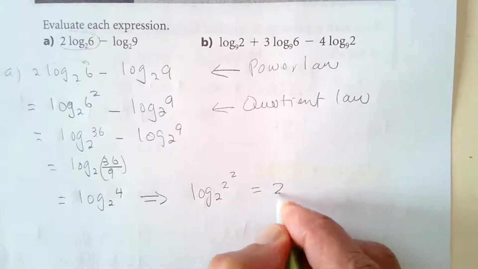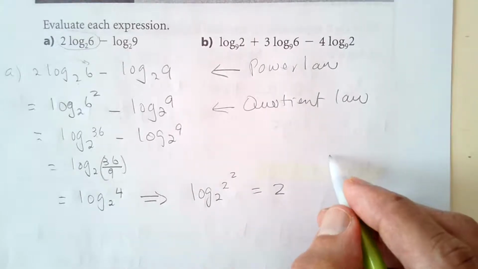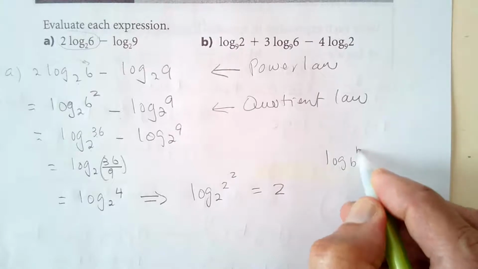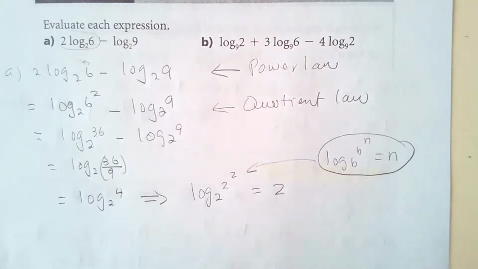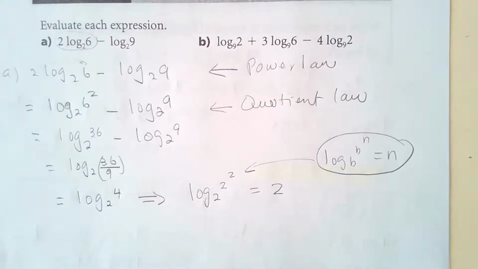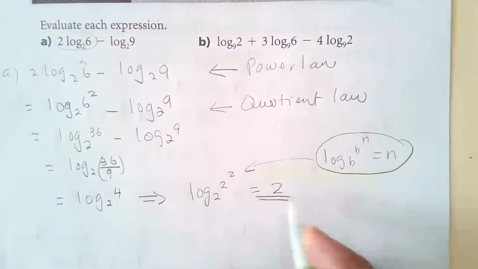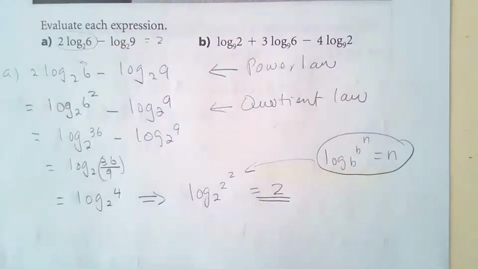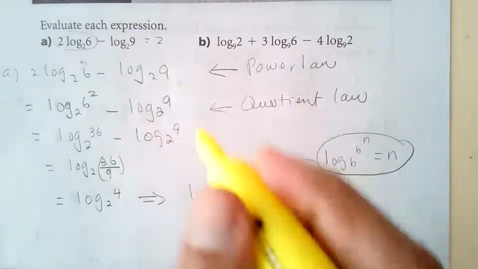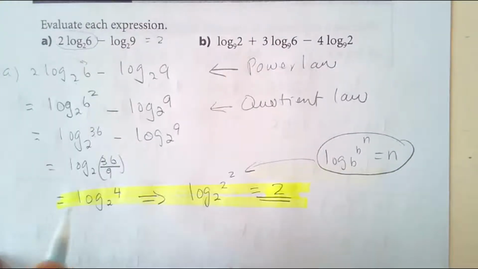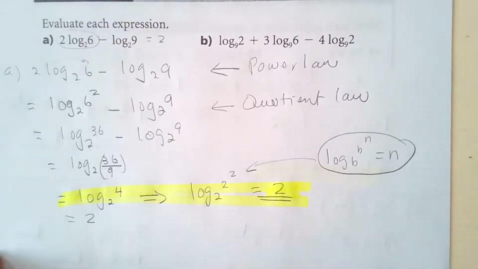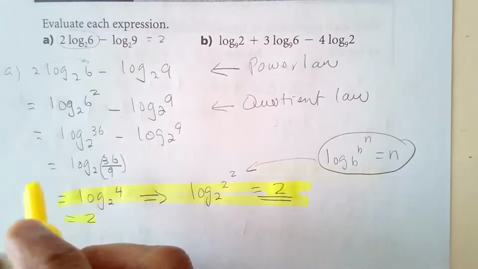And we know the final answer because, remember our rule, log b to the b^n is equal to n. So I'm applying it to this here. So final answer is 2. So all of this is actually equal, so we can say that 2 is my final answer.